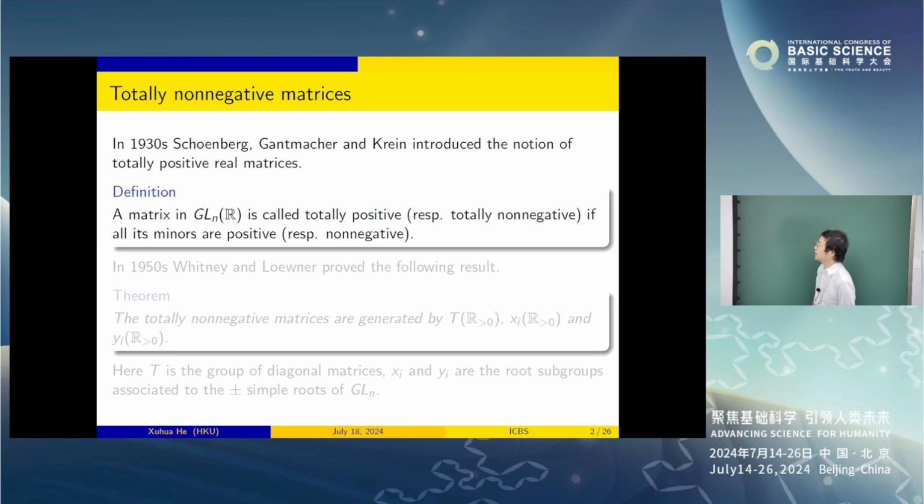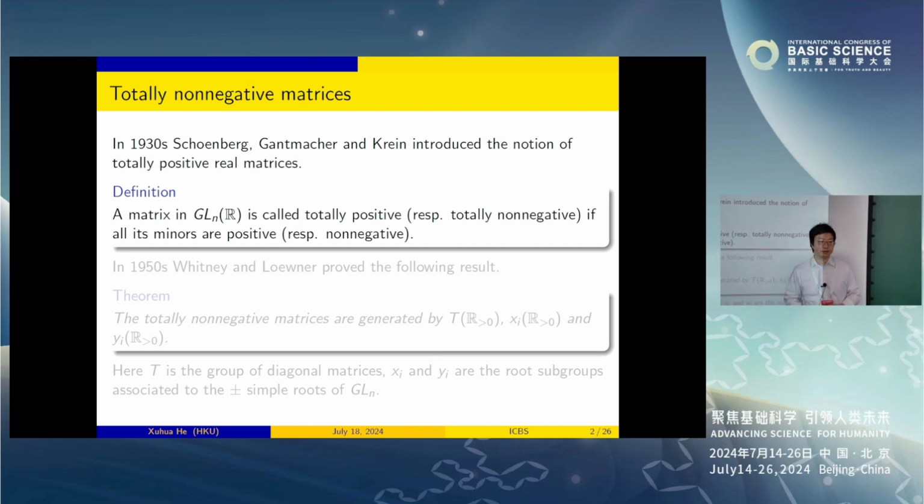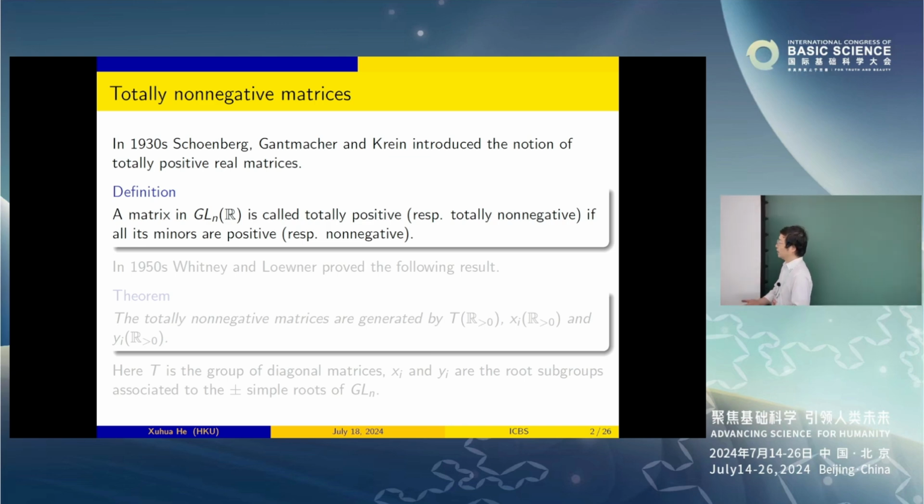The notion of total positivity goes back to the 1930s. People considered how to generalize the notion of positive numbers to higher dimensions. What does it mean to talk about positivity for matrices?